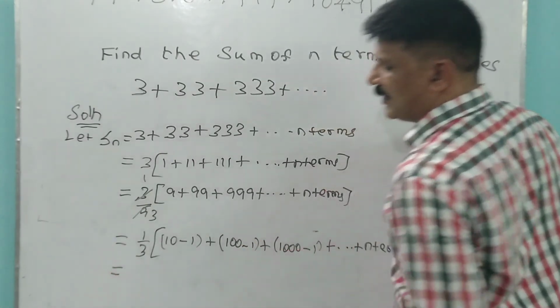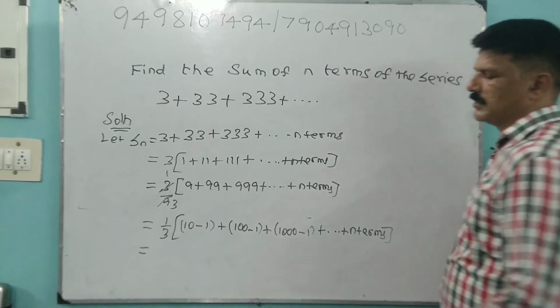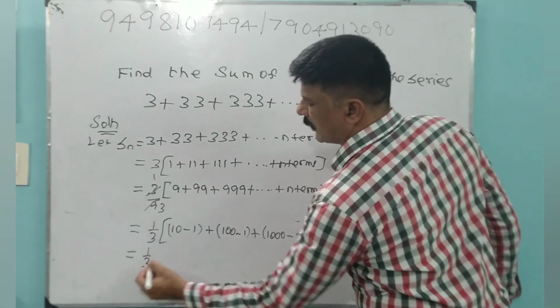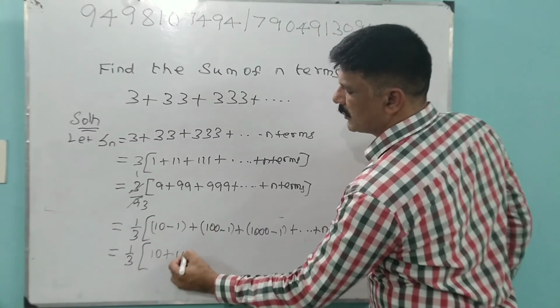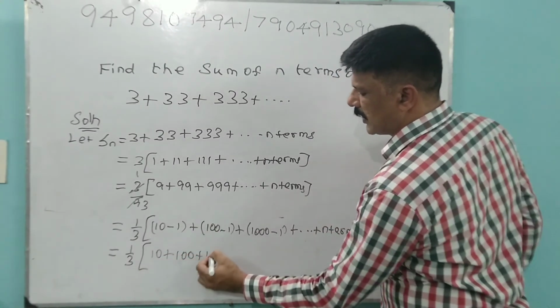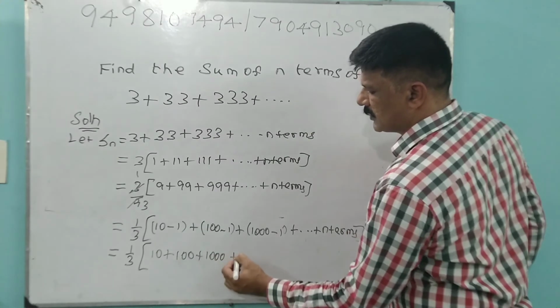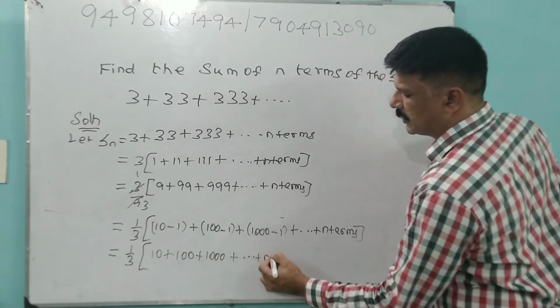Here we divide the given series into two series. The first one: 1 by 3 into the first series 10 plus 100 plus 1000 plus etc., plus n terms.